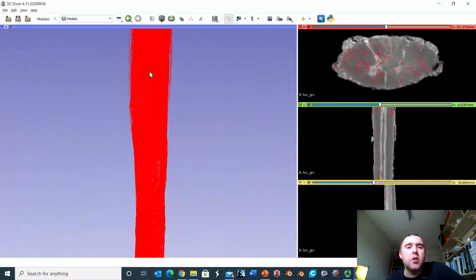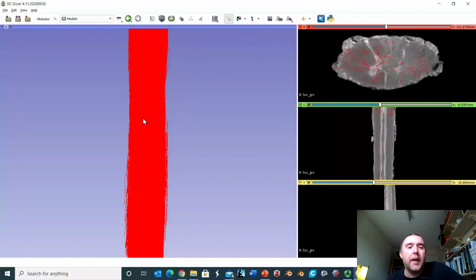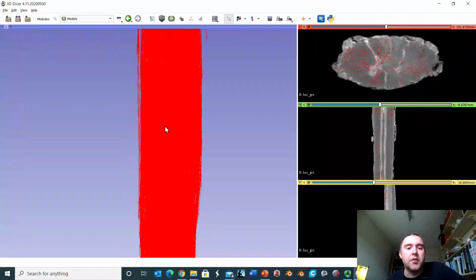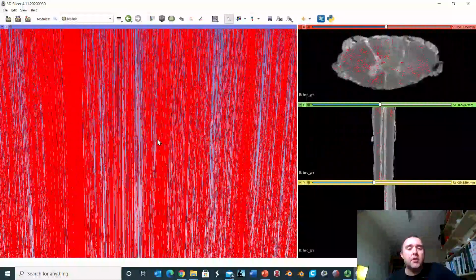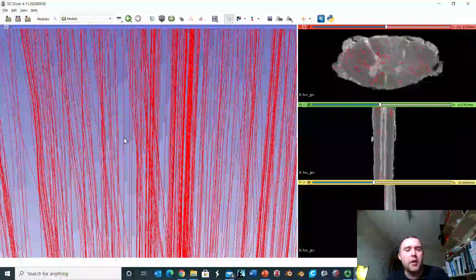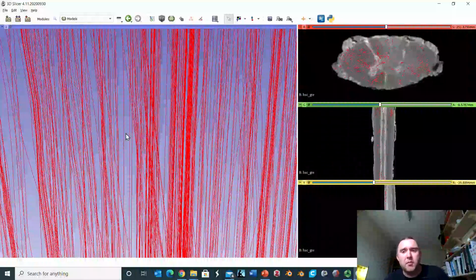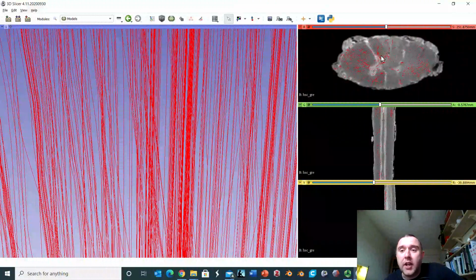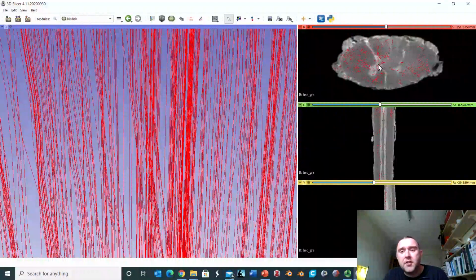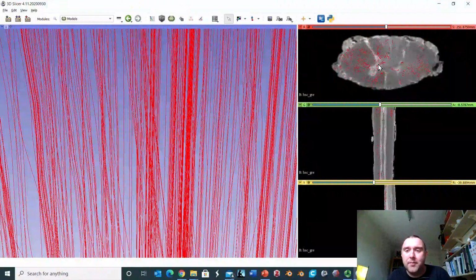Now if we go to for example up here towards the cervical enlargement and zoom in, what you note is that the axons are running mostly in the longitudinal direction, and we know that, don't we? We know that in the cord we've got ascending and descending pathways, and these are running through the white matter. If we look at the transverse section though, we do see that there are axons in the grey matter. Of course there are axons in the grey matter, because the cell bodies need to communicate with the white matter.